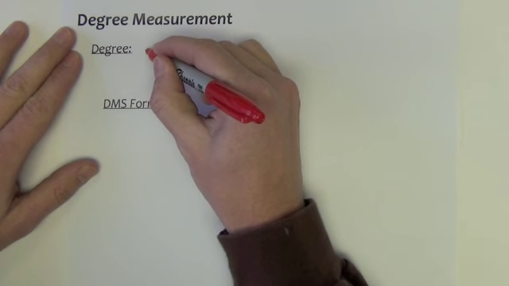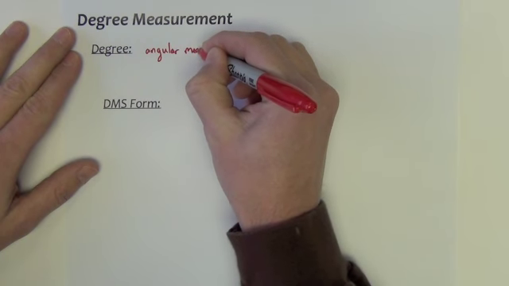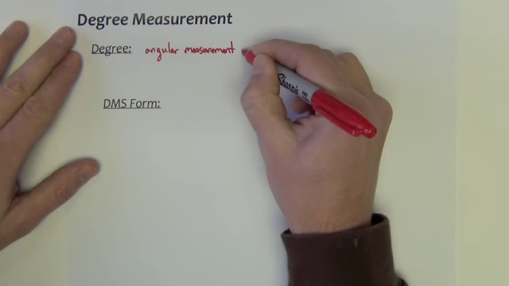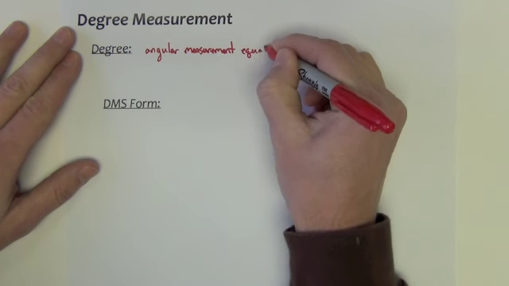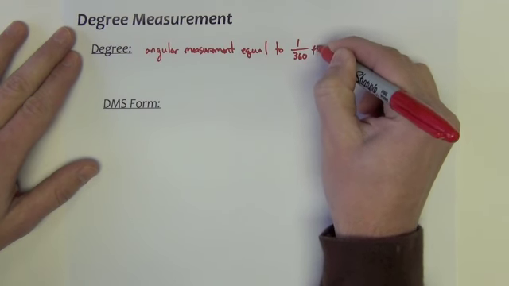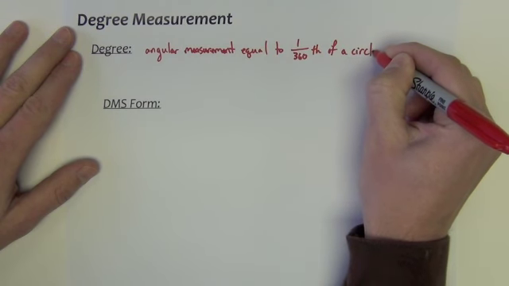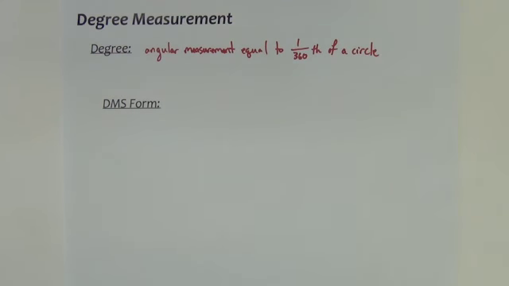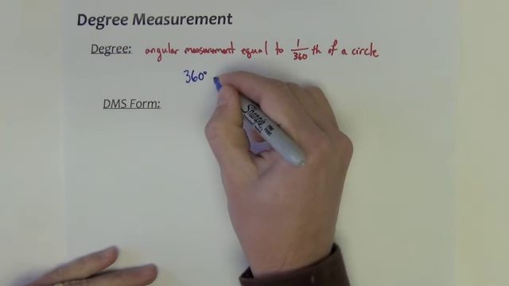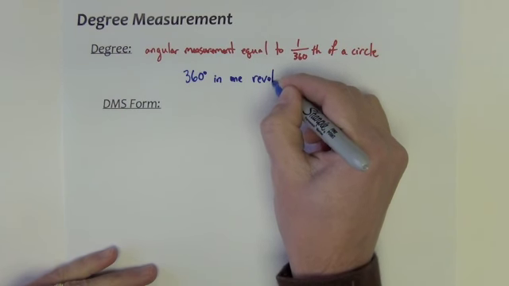A degree is a unit of angular measurement equal to 1/360th of a circle. In other words, there are 360 degrees in one revolution of a circle.